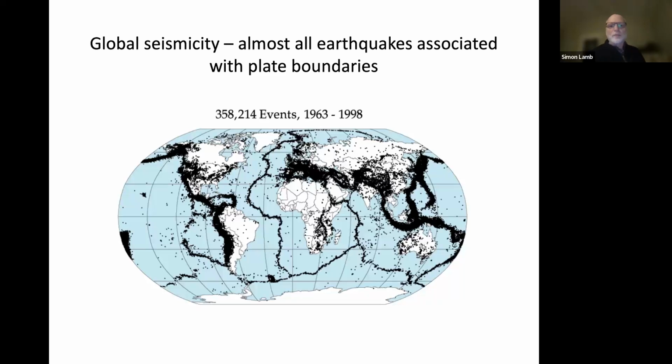So this is a map of seismicity between 1963 and 1998, 358,000 events, and you can see the density of earthquakes along the plate boundaries, including the East African Rift System. And if you go right to the edge of the map, this is New Zealand here.